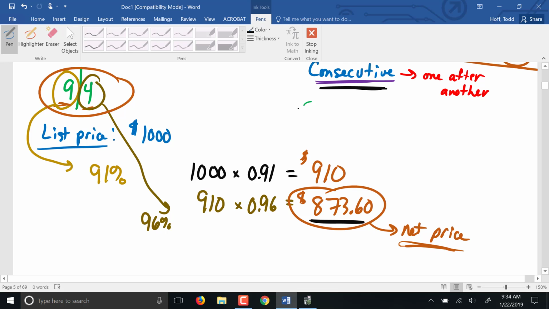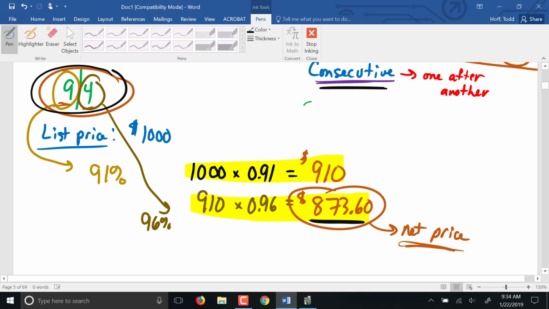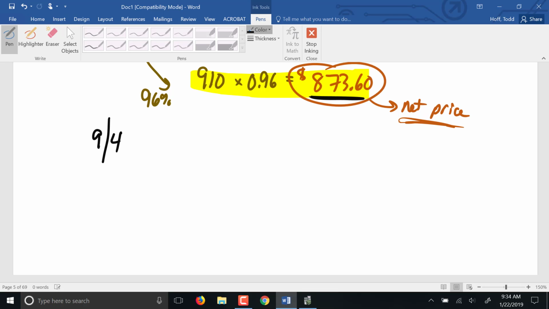Rather than doing them consecutively and separately like we did here, with the 91% for the 9% and the 96% for the 4%, we can combine those trade discounts to get a couple of key factors. As we mentioned above, a 9% discount means we're paying 91%.